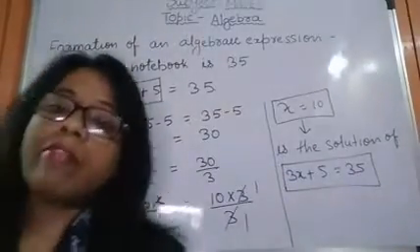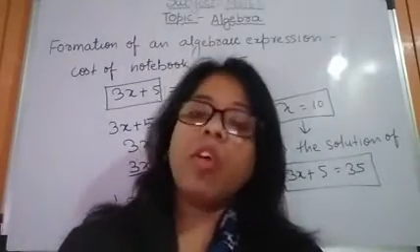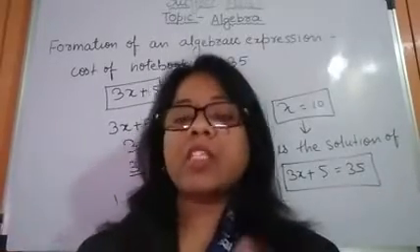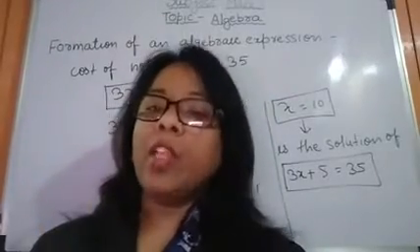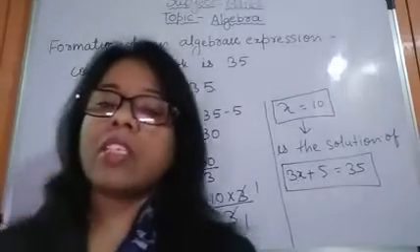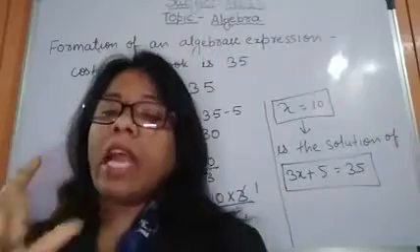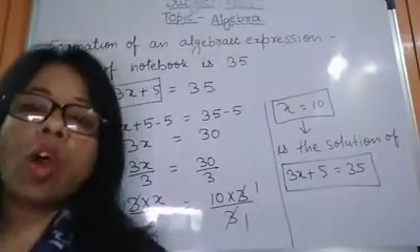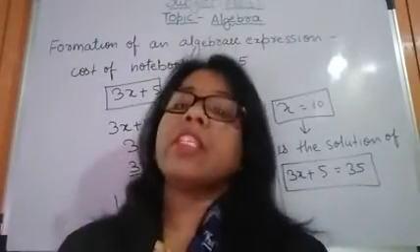So in this way we understood what is a constant, what is a variable, what is an algebraic expression, what the uses of algebraic expressions are, how you can make an algebraic expression, how you can fix a formula, and how you can solve an equation. All these things we saw in this video.